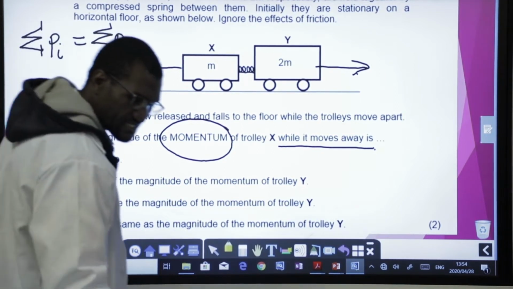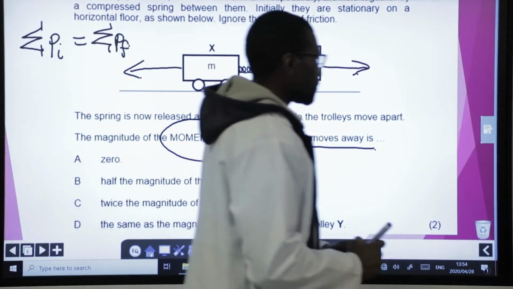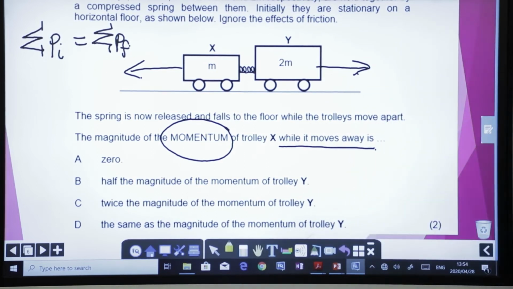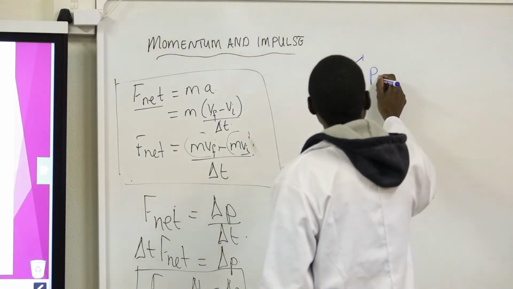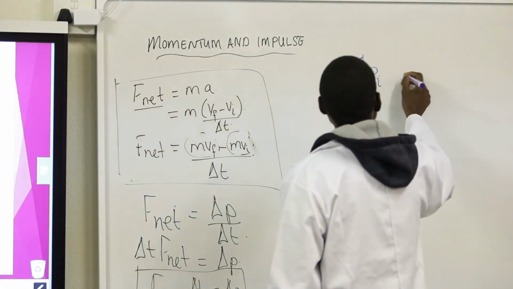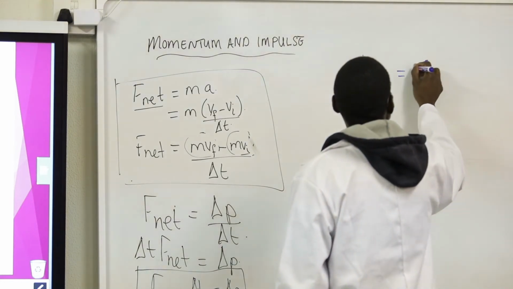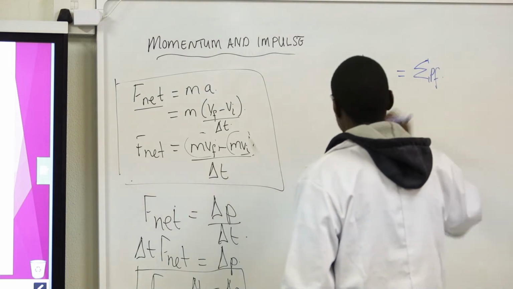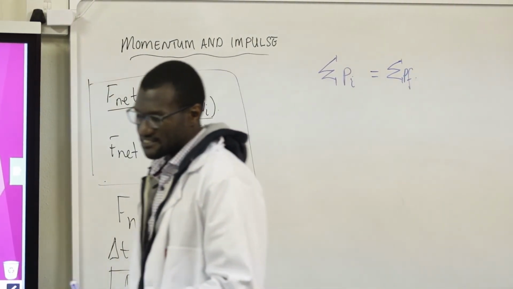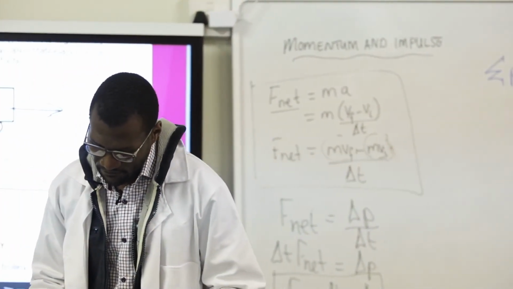Which means that, very important, let's have it clear now before it's late. There is space here, let's do it here quickly. Sum of initial momentum is equal to sum of final momentum. Okay, P initial is equal to P final.